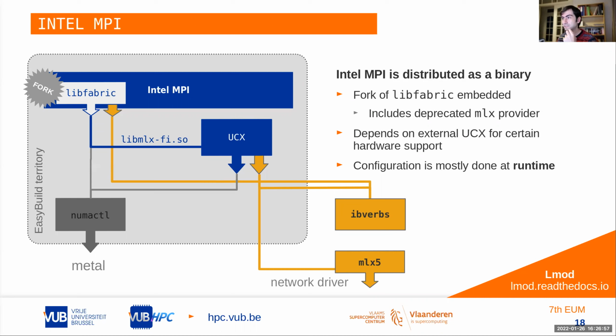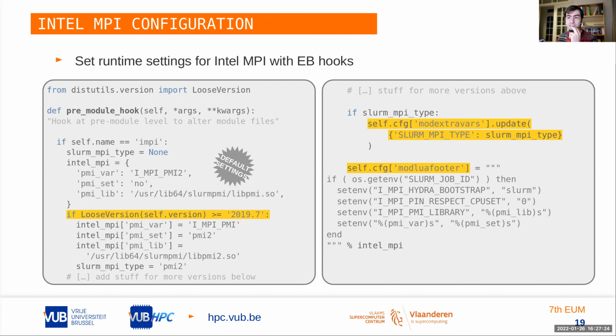So what we do is define some default settings that apply to older versions of Intel MPI. And so we set some variables, we set some paths to the PMI implementation of Slurm. And then we add some conditional checks on the version of the actual software package of Intel MPI being installed, to then use more modern implementations whenever possible.